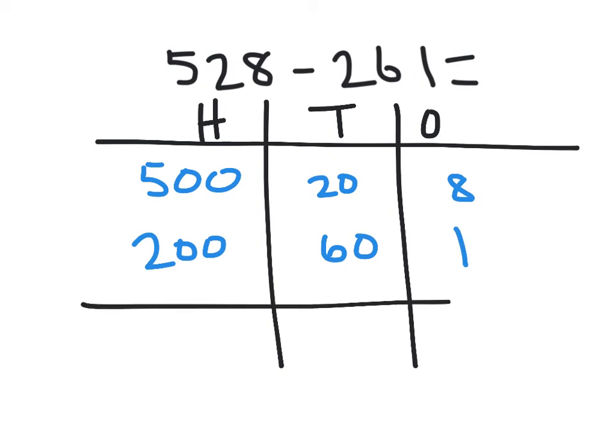This has regrouping. So get that copy down. Get that copy down. And just remember that we are subtracting, and this is a lot harder than adding. You really have to slow down.